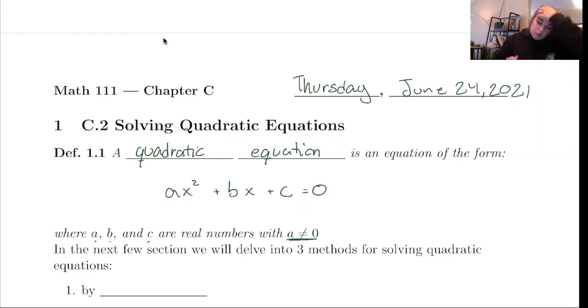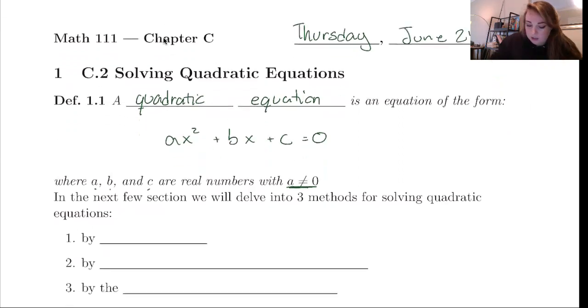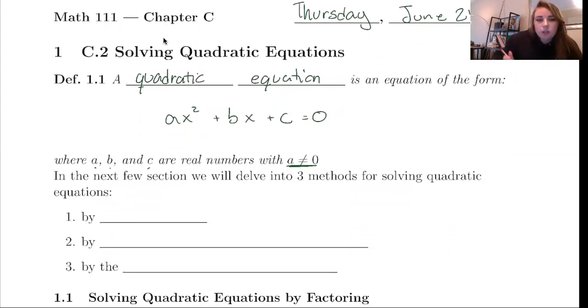Okay? So there are actually a few different ways of solving quadratic equations, and we're going to talk about 3 of them today. The first one is by factoring. We're really good at factoring now. Second, by what's called completing the square.